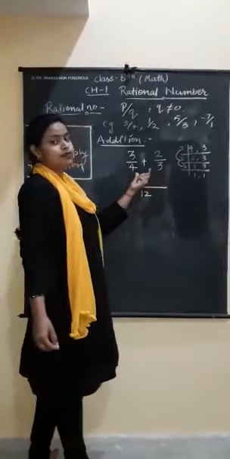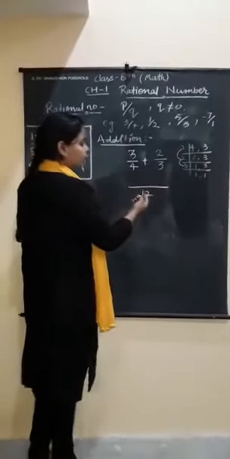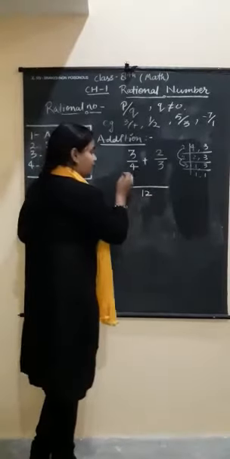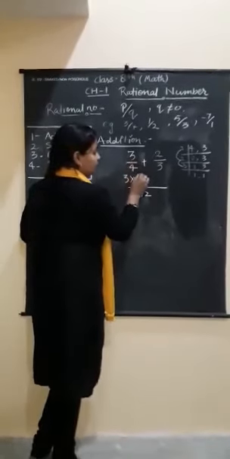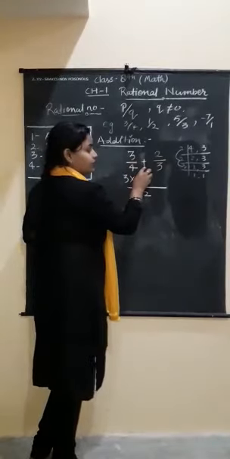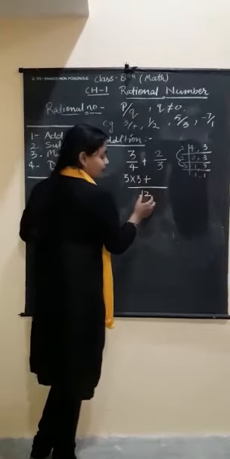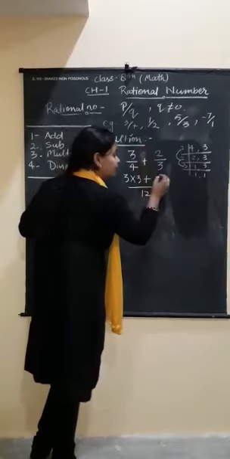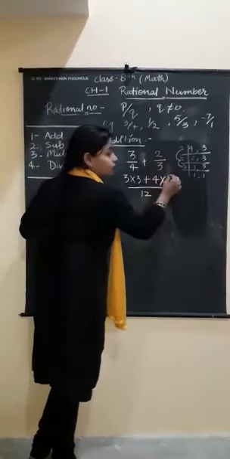Now 12 divided by 4 gives 3, multiplied by 3. The sign given is plus, note it down as it is. 12 divided by 3 gives 4, multiplied by 2.